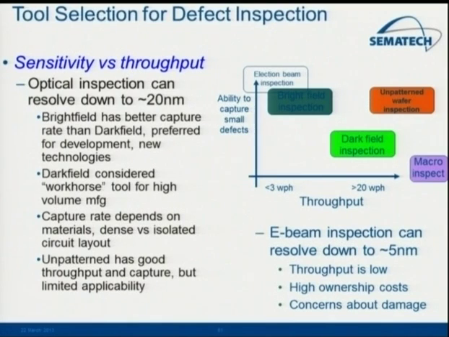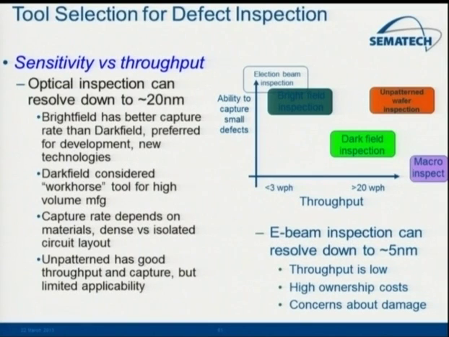Throughput here is measured in wafers per hour. There are some techniques that are very, very fast, but they're only looking for very big defects. The prime example is whenever your laptop screen is dirty and you hold it up to the light at an angle and you see all these little dust particles on it. That's roughly how these tools operate. So they can be very fast, but they don't detect small defects.